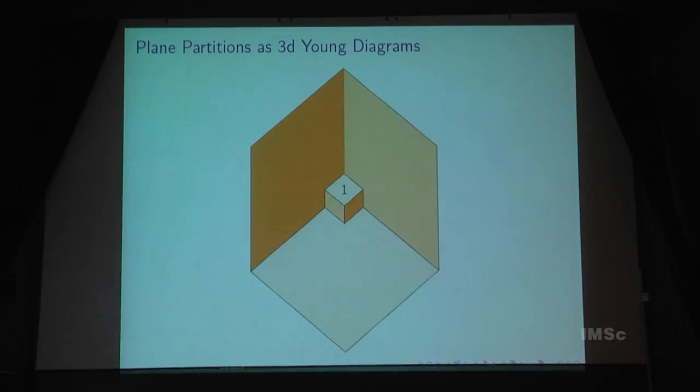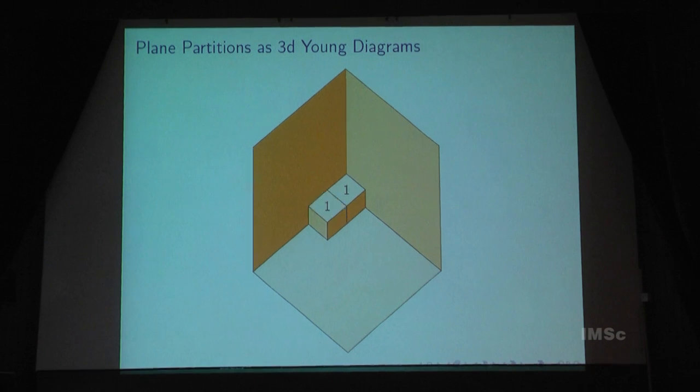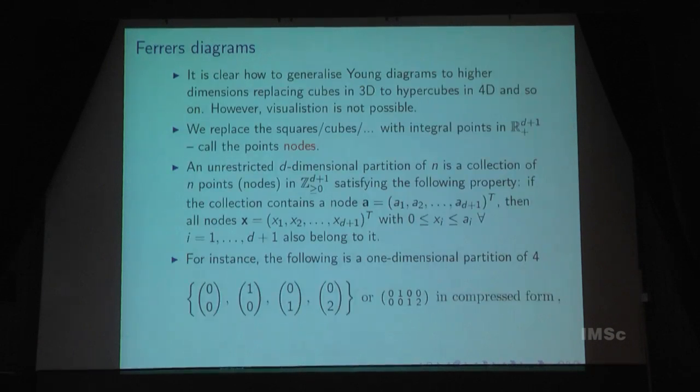But here I want you to appreciate what we are doing, and so you see that you get Young diagrams again. So now this tells you that we can generalize Young diagrams to higher dimensions, of course replacing cubes with hypercubes in 4D and so on. Except now it gets much harder and harder to visualize.